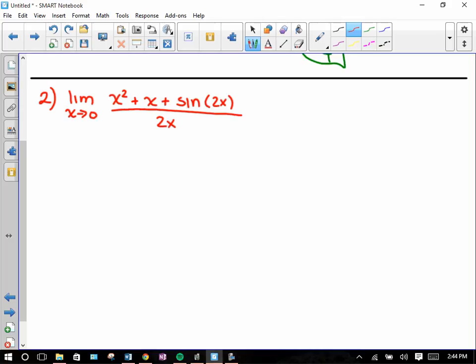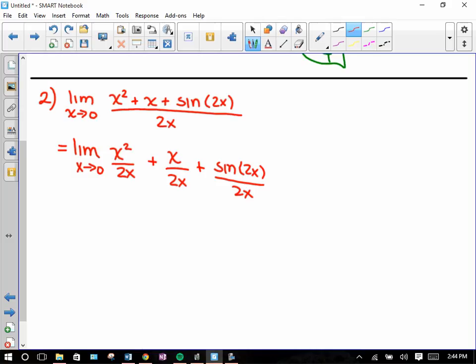So what this is equal to is the limit as x approaches 0 of x squared divided by 2x plus x divided by 2x plus sine 2x divided by 2x.